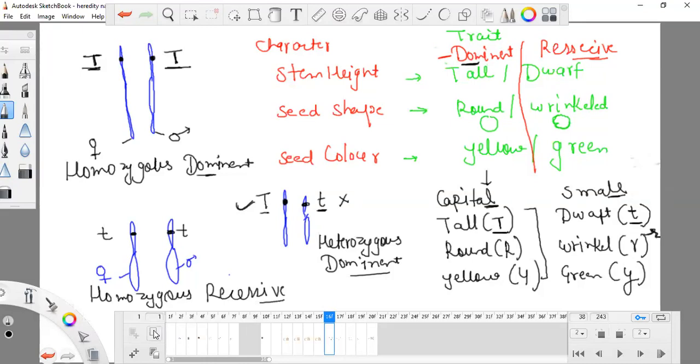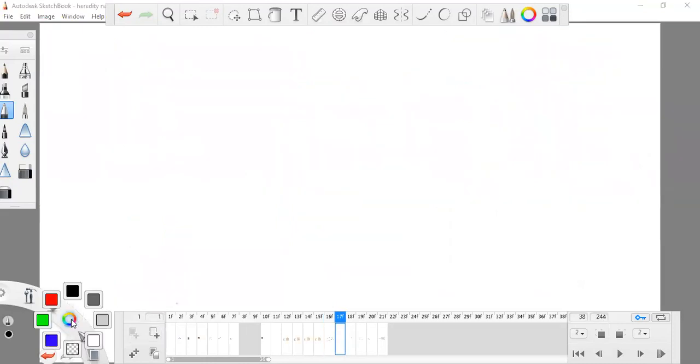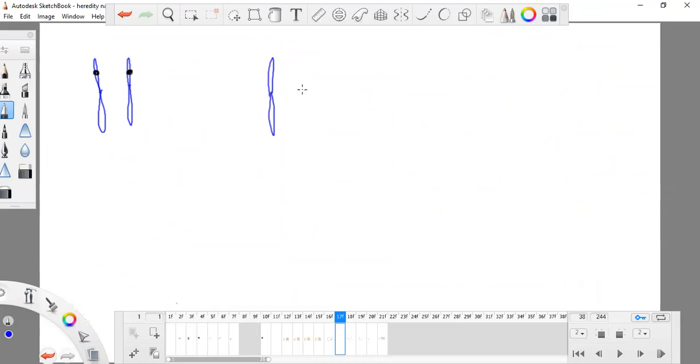So I'm taking a new slide, and now these chromosomes are all alike. They are exactly the same. I'm just denoting three types.